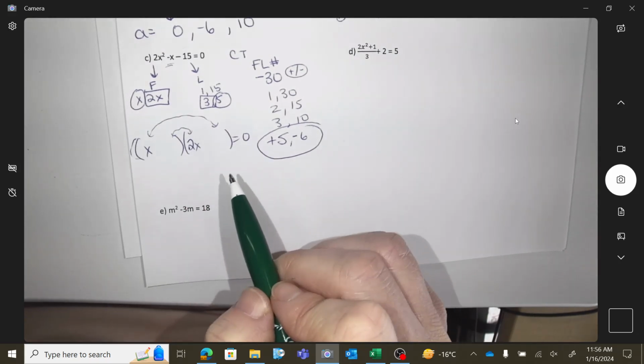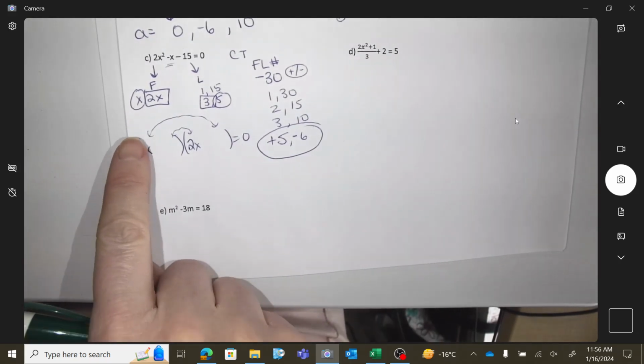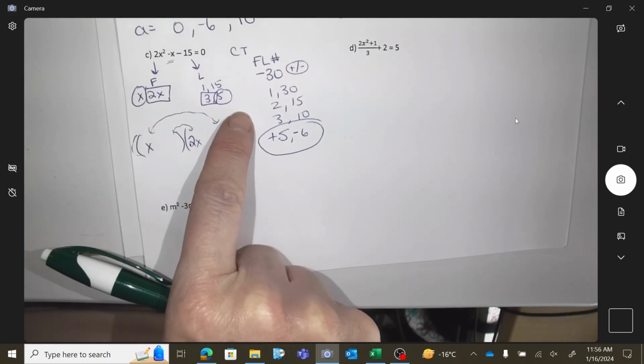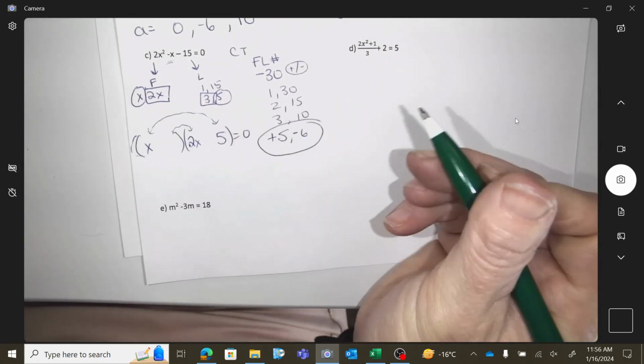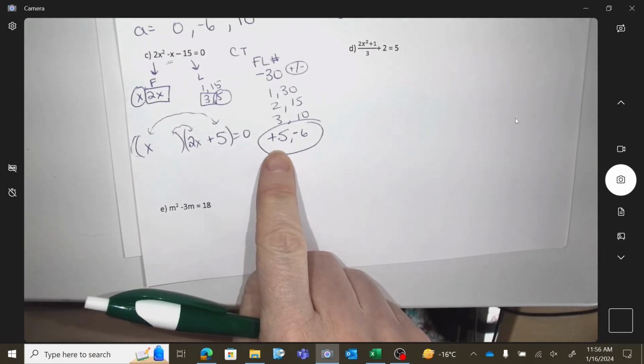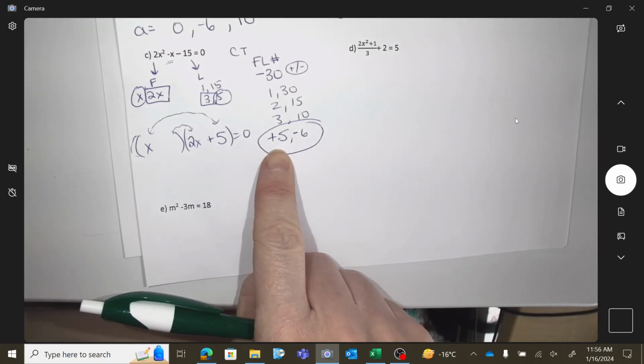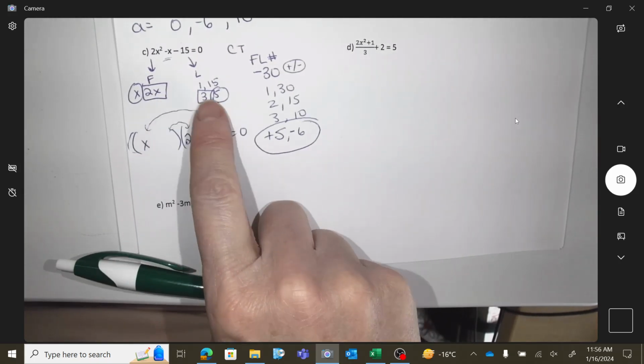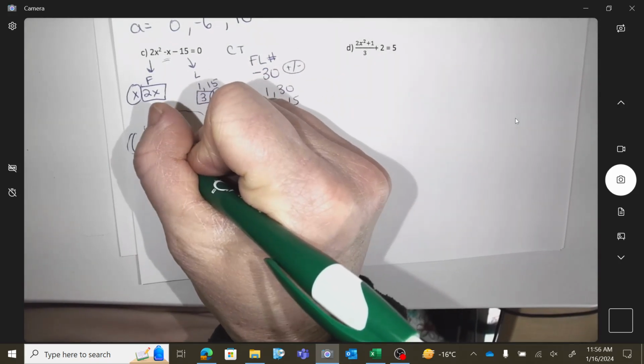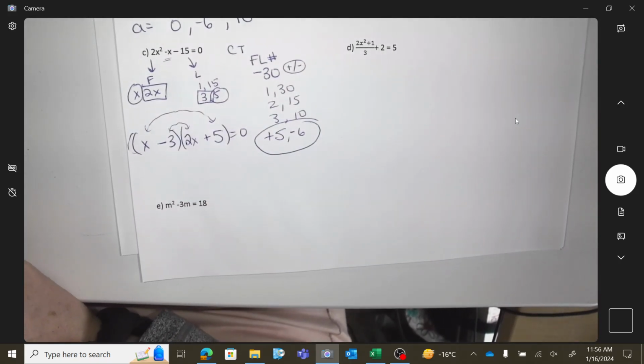Outside, inside. And now I've already lined up my partners. I wanted the 1x to go with a 5 to make plus 5. And I wanted the 2x to go with a 3 to make negative.